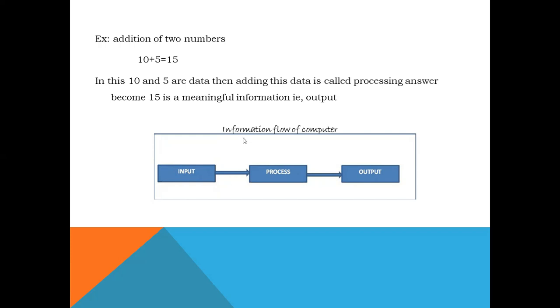Next, information flow of a computer. Firstly, we give the input to the computer through different input devices such as keyboard, mouse, joysticks. Then this input or this data is processed, and we can see the result as output.